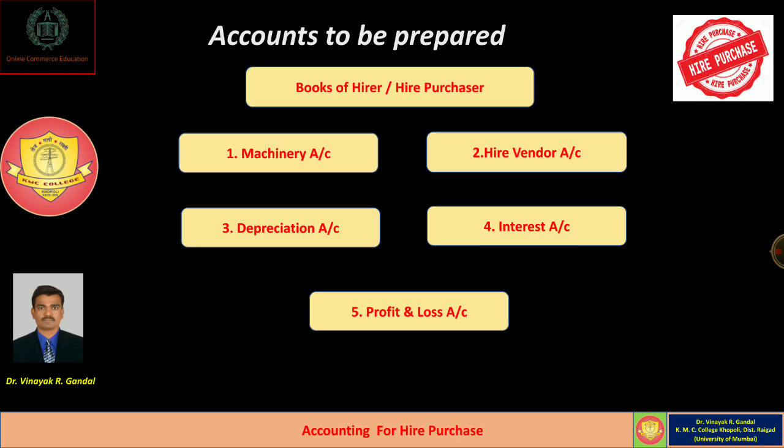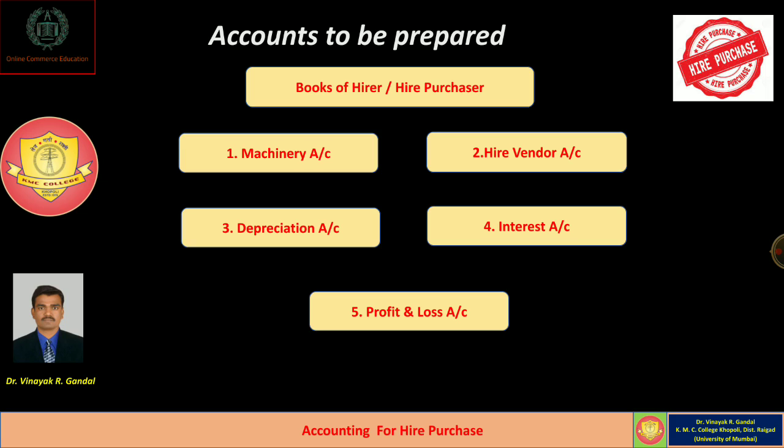Okay, so normally we have to prepare the machinery account for each year, close the accounts and transfer the closing balance of the machinery to the next year, and a yearly machinery account is to be prepared in the case of hire purchase system. Okay.